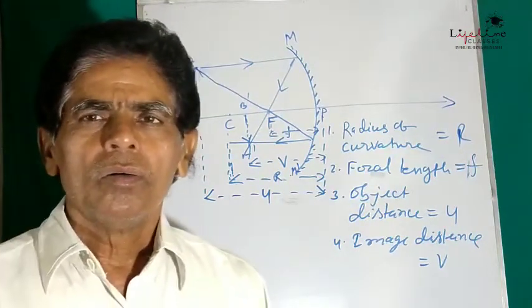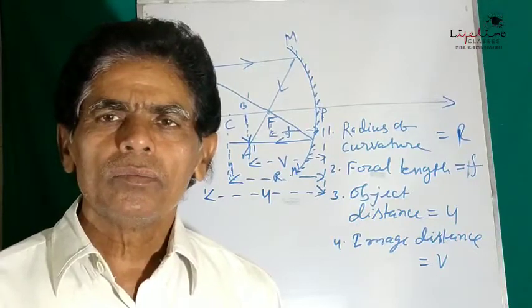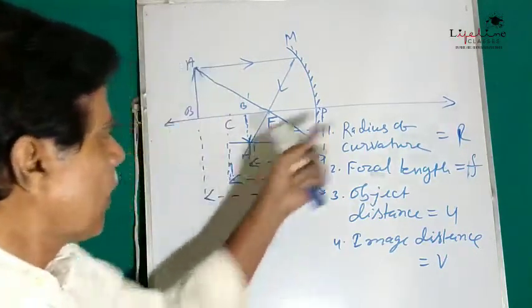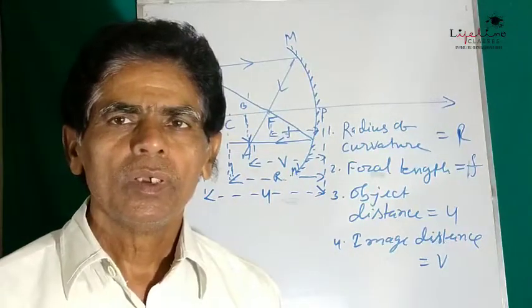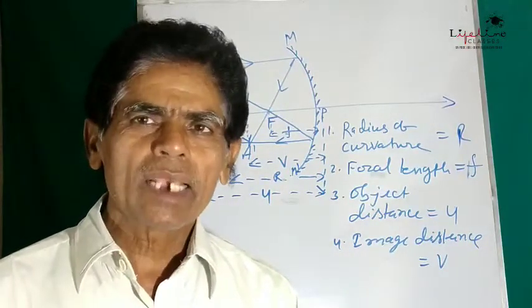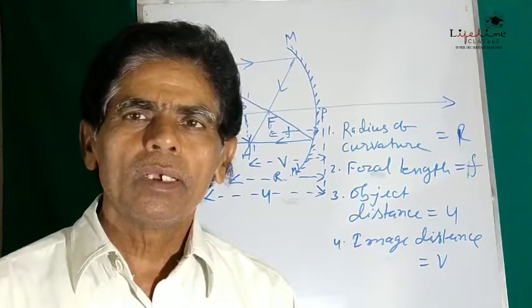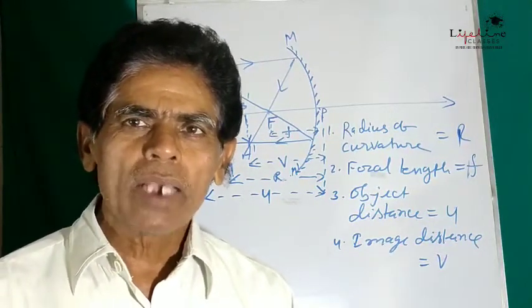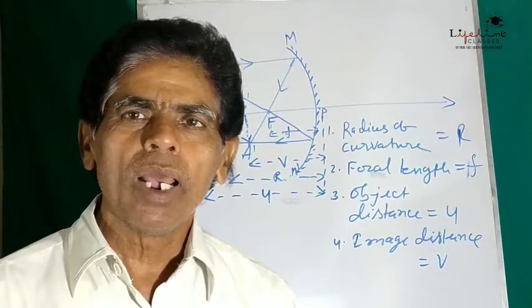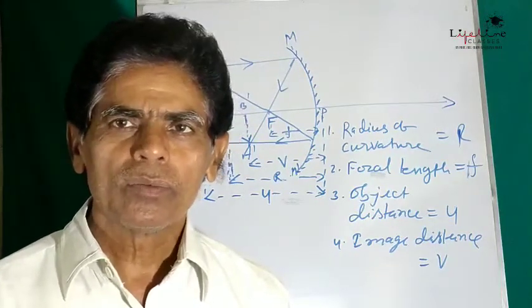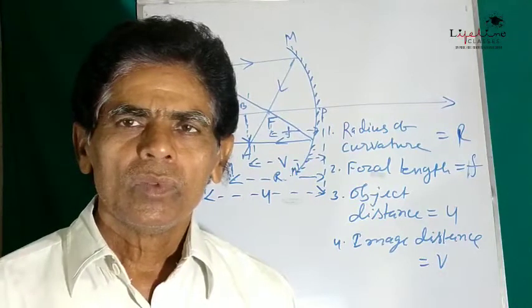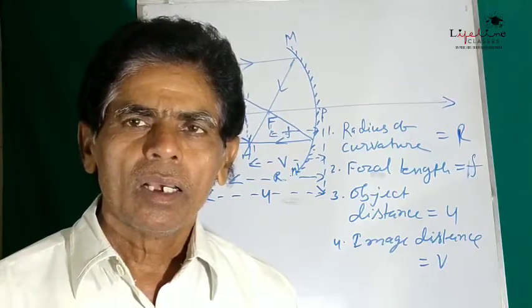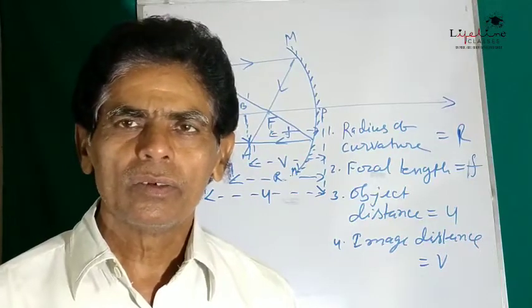Now, what is principal axis? Principal axis is an imaginary line passing through the pole and the center of curvature, which is denoted by XX dash.